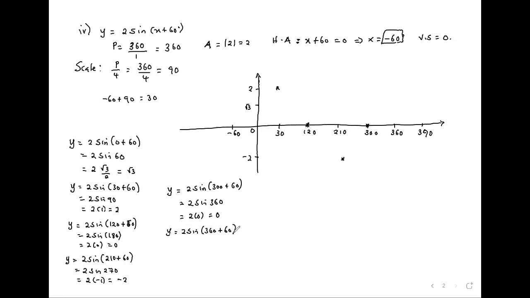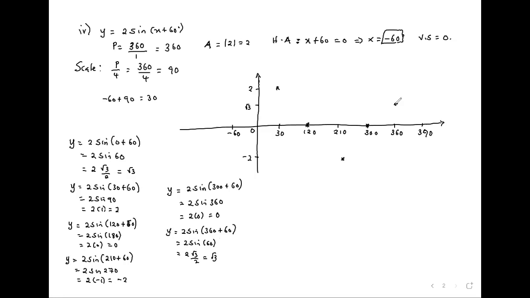When you add 360 plus 60, you get a coterminal angle to 60. And since it's beyond 360, we just use the same 60. And then we get 2 root 3 over 2, which is root 3.